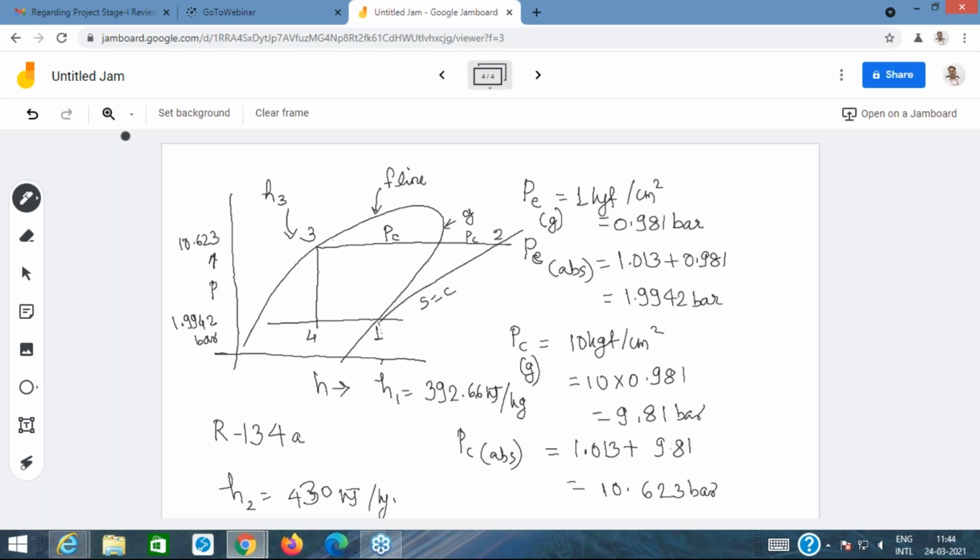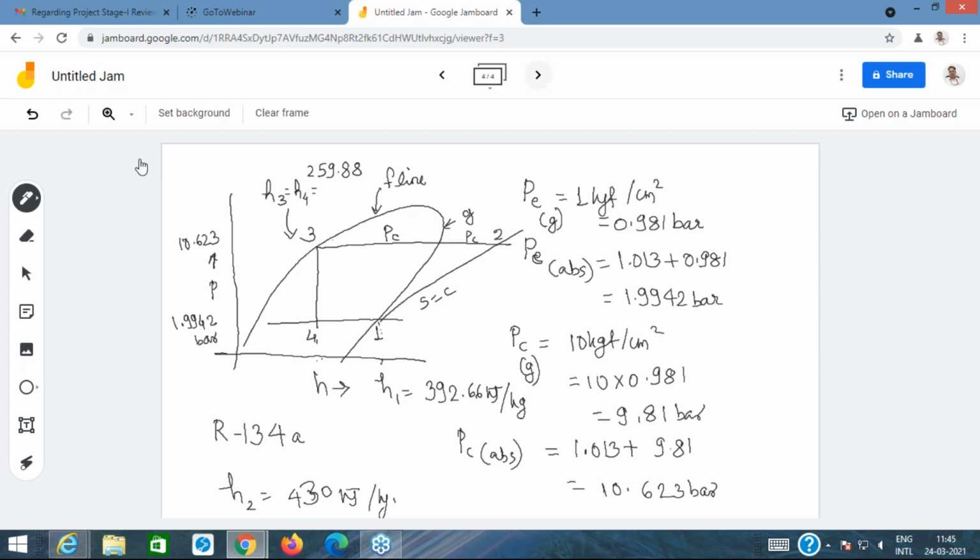Read from the pH diagram straight away the value of enthalpy, which will be equal to H4. The value which I have got is about 259.88. So this is how I have got the values of H1, H2, H3 and H4.